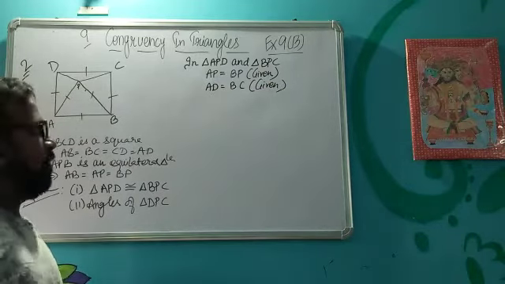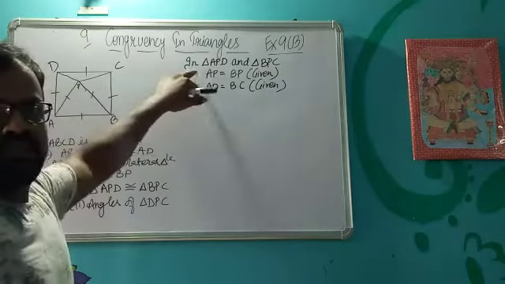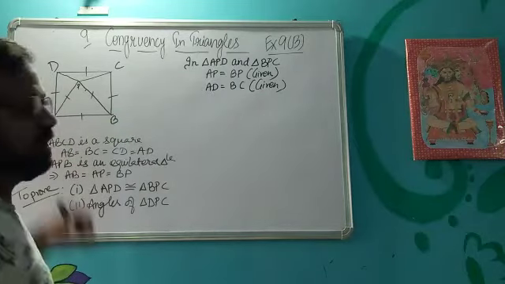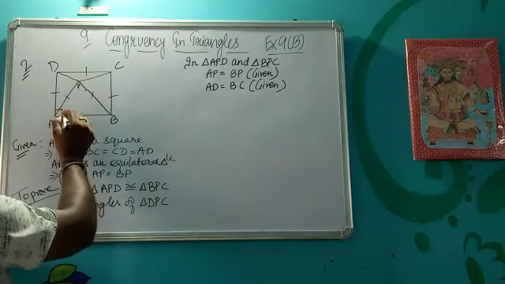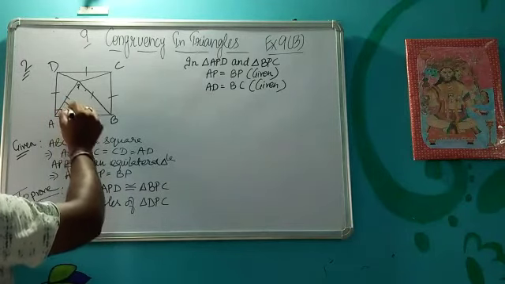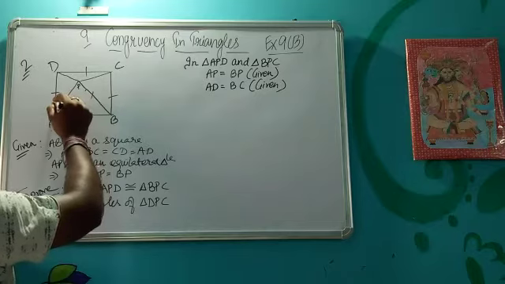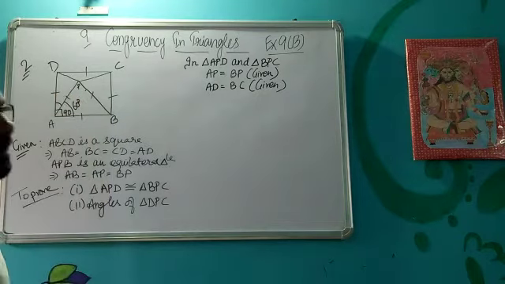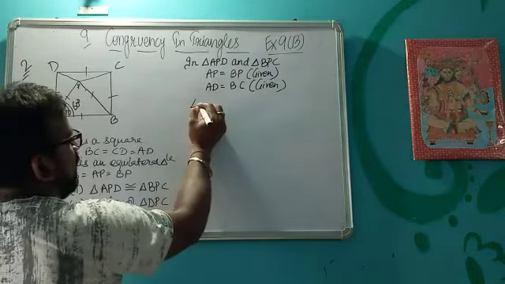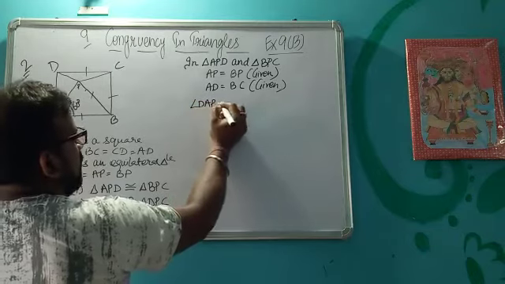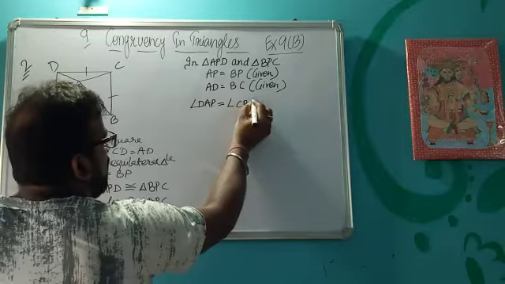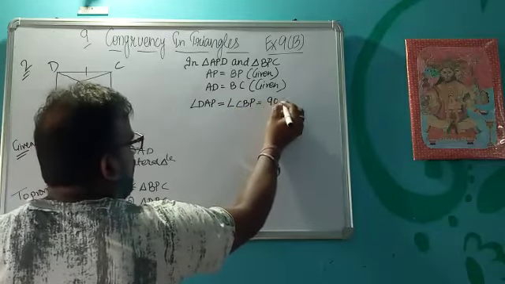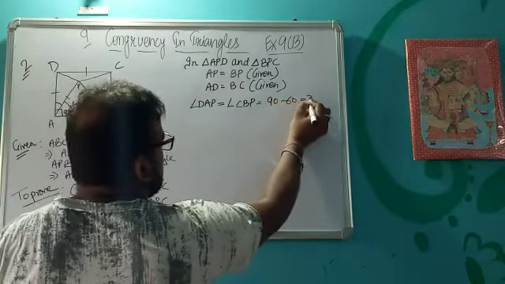That means the angle included between these two sides should be equal to each other. If you see very carefully, this whole angle is 90 degrees and this angle is 60 degrees, so this angle will be 30 degrees. So angle DAP is equal to angle CBP, equal to how much? 90 minus 60, that is 30.